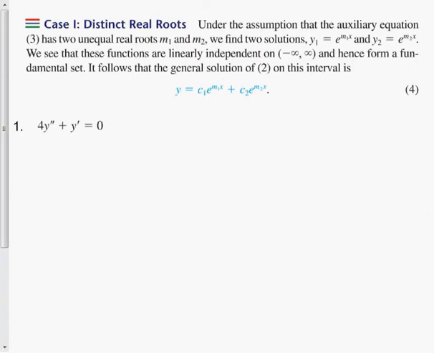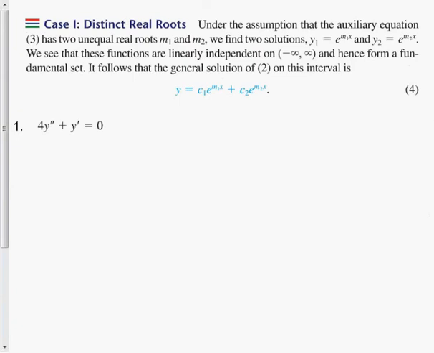Under this assumption, you solve that auxiliary equation, you get two different values for M1 and M2. Your solution is automatically the complementary solution, y is equal to c sub 1 times e to the m sub 1 times x plus c sub 2 times e to the m sub 2 times x.